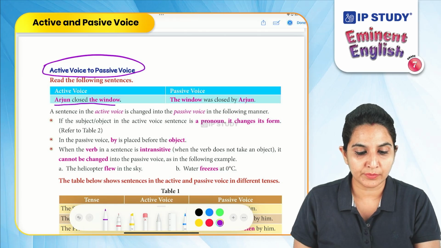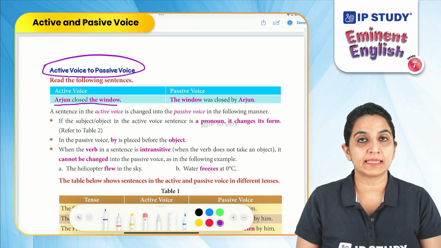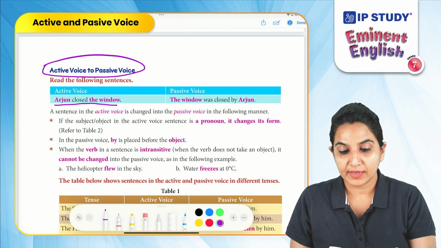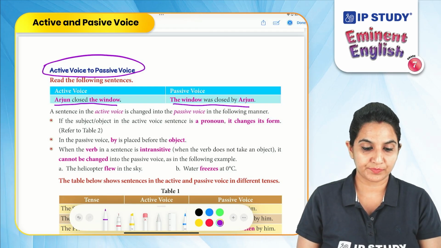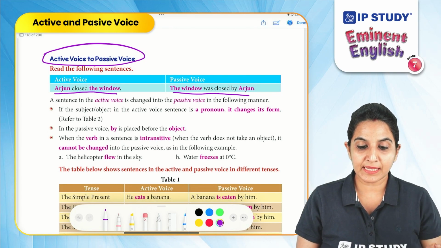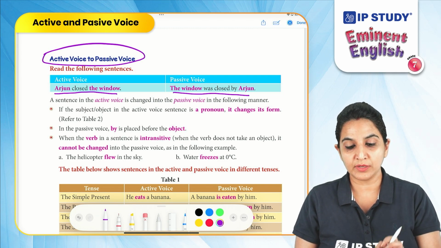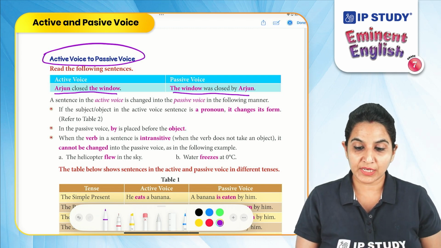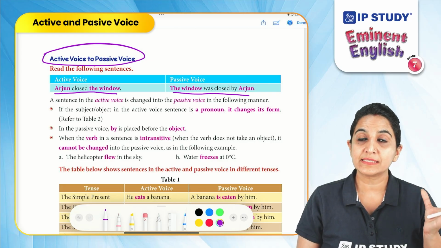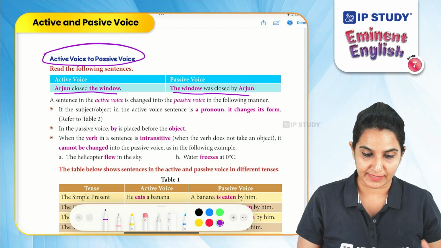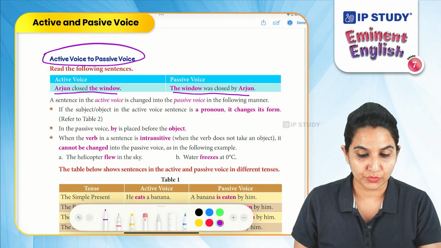Arjun closed the window. This sentence is in the active voice. The window was closed by Arjun. This is in passive voice. So, a sentence in active voice is changed into the passive voice by changing the positions of the pronouns or nouns or the subjects in the sentence. Like Arjun.